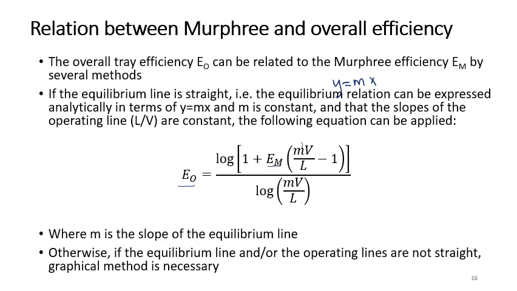Here M is the slope of the equilibrium line, and V and L are the vapor flow rate and the liquid flow rate in the column. Otherwise, if you don't have such a straight line and you don't have a constant liquid to vapor flow rate, then you need to use a graphical method.